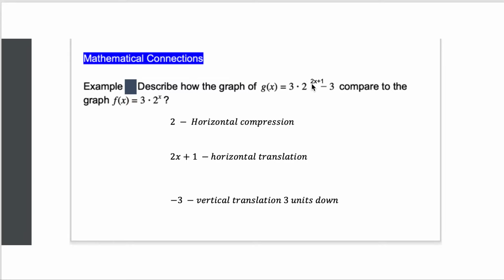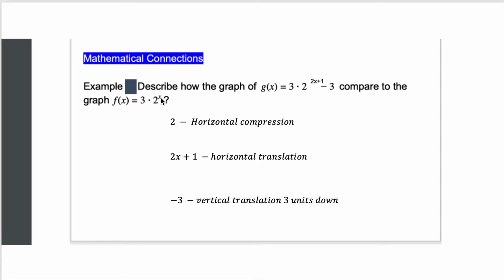And this 2 here, because it's greater than 1, it means I have a horizontal compression. If this number is less than 1, comparing to the parent function, we would have a horizontal stretch of the function. But because this 2 is greater than 1, here we're going to have a horizontal compression.